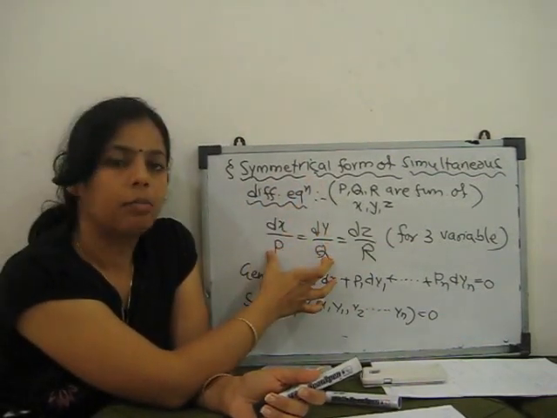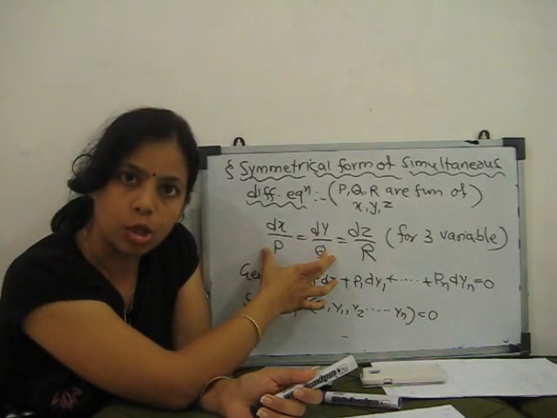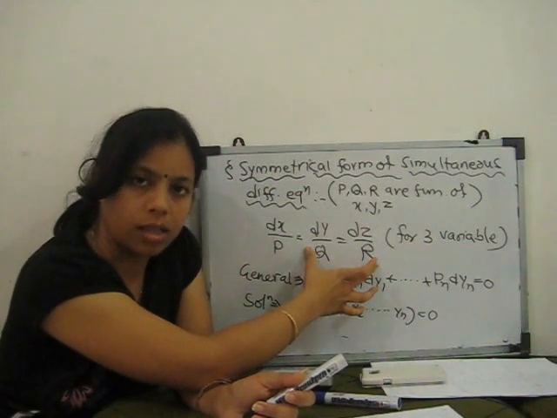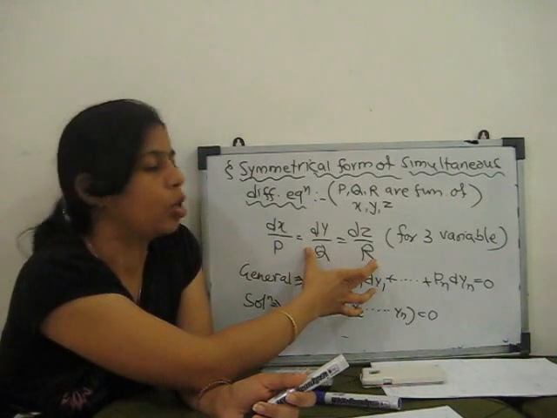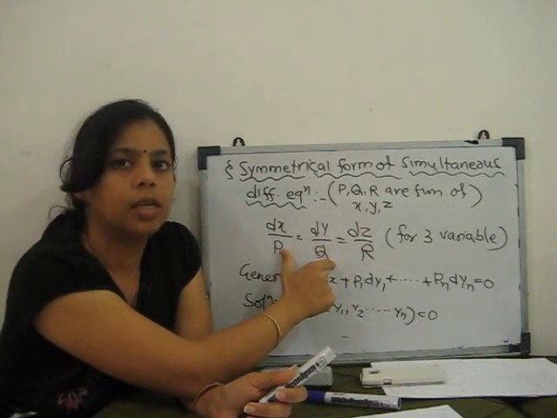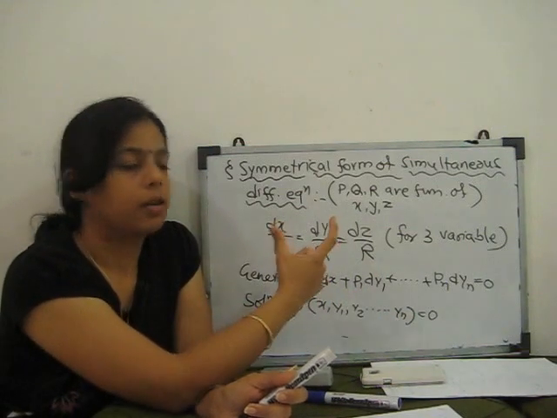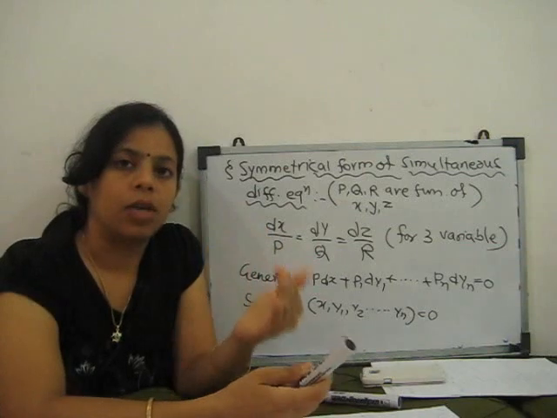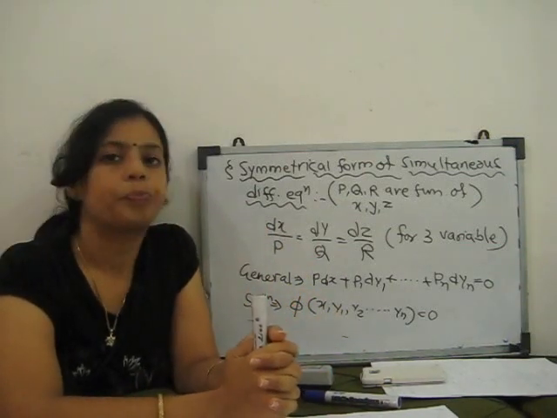First, we can combine the first two relations and get one solution, and with another two relations we get another solution. Both solutions together give the complete solution. Either first and third, or first and second, or second and third, any two combinations we can integrate, and it will give the solution.